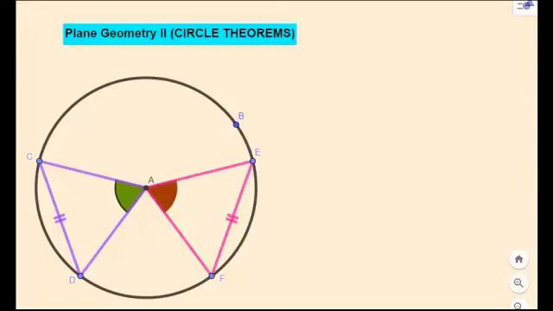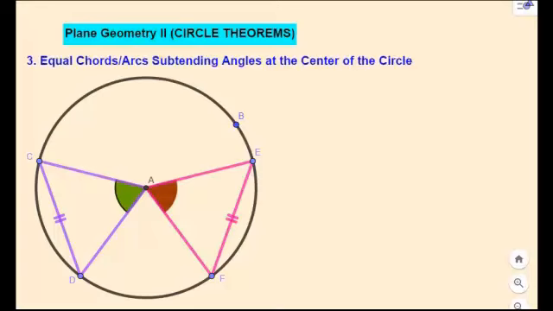Today, under circle theorems, we would like to look at equal chords or arcs and subtended angles at the center of the circle. Line CD is a chord. Line EF is also a chord.